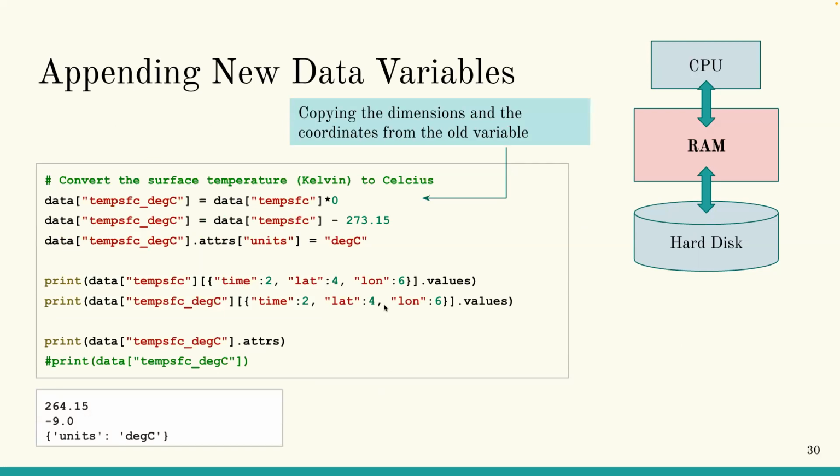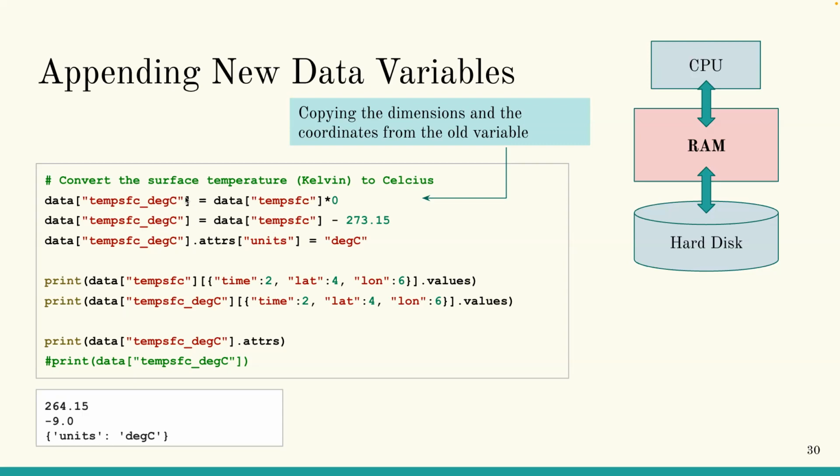So we are still working in the RAM. How do we append a new data set, new data variables? Here we are trying to make a new variable, temp SFC underscore degrees Celsius. Let's say we want another exact same variable, except with a different unit.